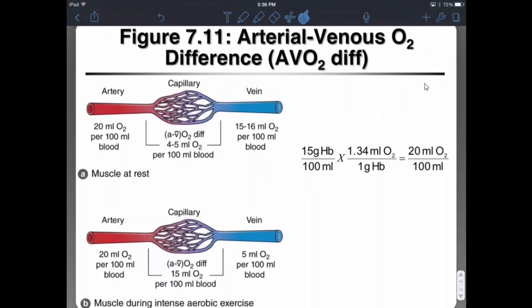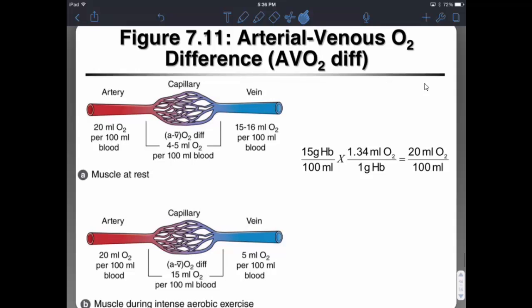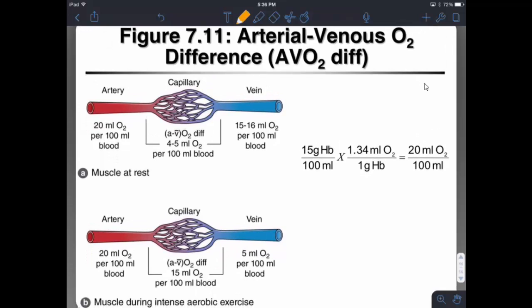Okay. So at rest, and you should remember this figure because we've already talked about it, we have a typical oxygen content in the blood of about 20 mL of oxygen for every 100 mL of blood. If you're curious about where that number comes from, the average person has about 15 grams of hemoglobin in every 100 milliliters of blood. Remember, men have about 14 to 18, women have about 12 to 16.